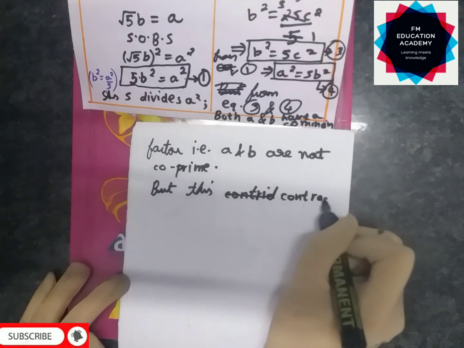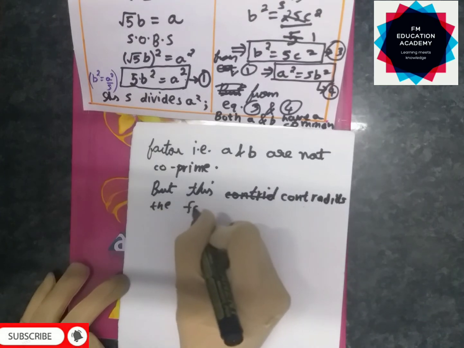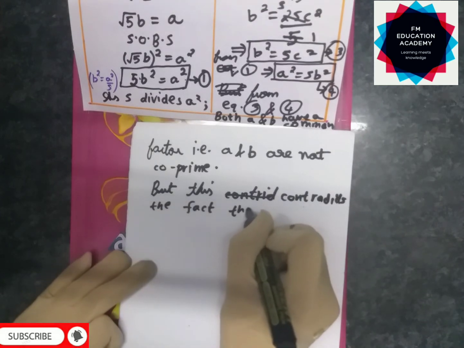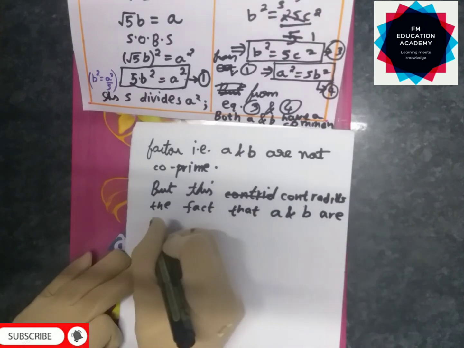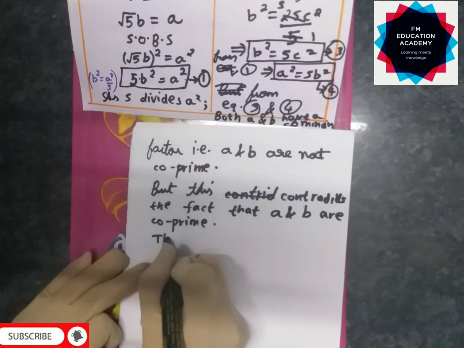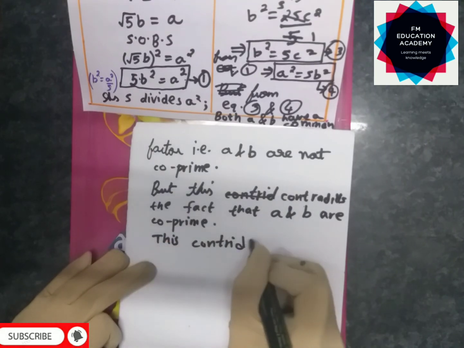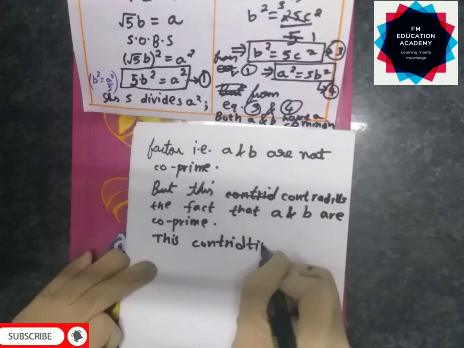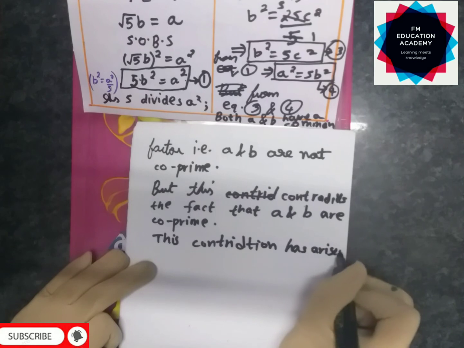Contradicts the fact that a and b are co-prime. Now why did this contradiction occur? This contradiction has arisen, that is, this opposition has arisen, because of the fact that we had chosen root 5 to be rational.